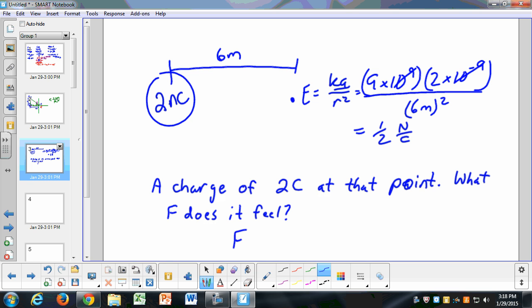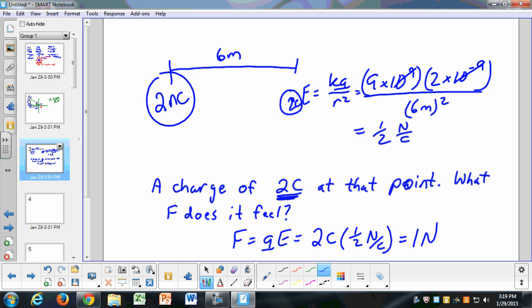In which case we go to the idea that the force is equal to Q times the electric field. Q is 2 coulombs. That's just the charge. So we're placing a 2 coulomb charge at that point, times the electric field, which is 1/2 Newton per Coulomb. So it feels a force of 1 Newton at that point.